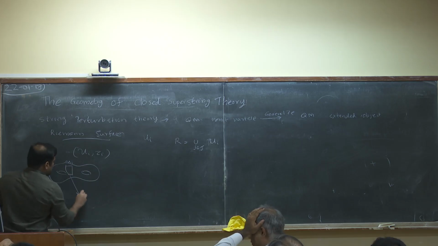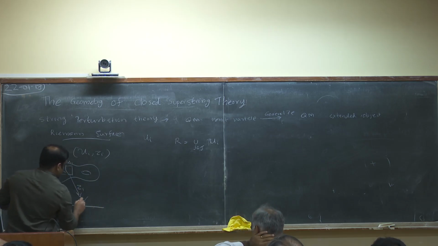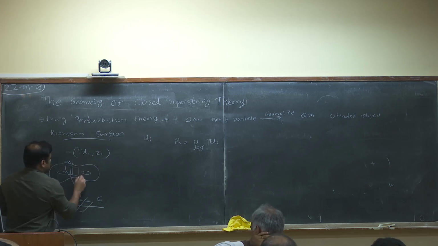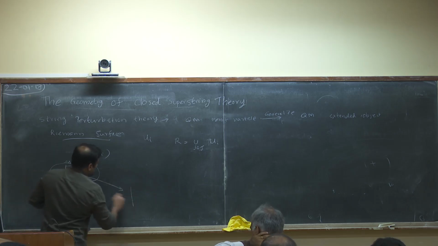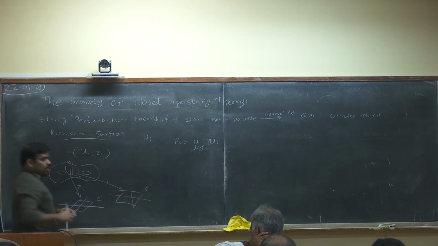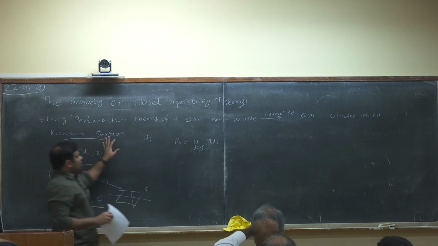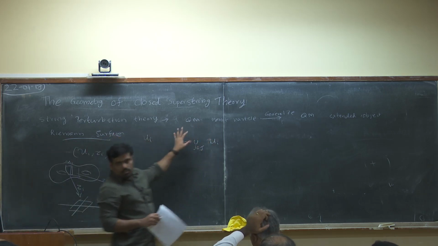You could define a coordinate that maps you to a region inside the complex plane. And then you could consider another patch. Again, you can map this patch to a complex plane with coordinate cj. So far, this is something which you can always do.